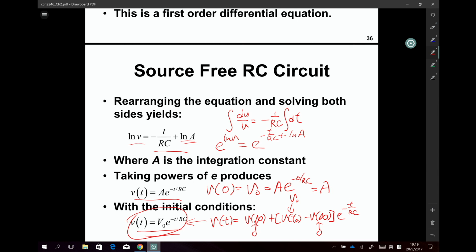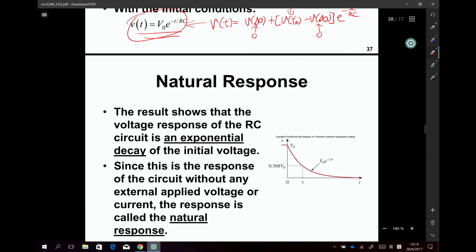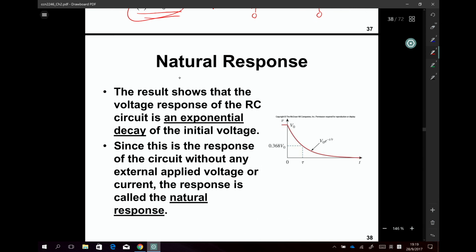Now we give you some analysis of this equation. This is what we call the natural response, because it comes from the response without any external source.